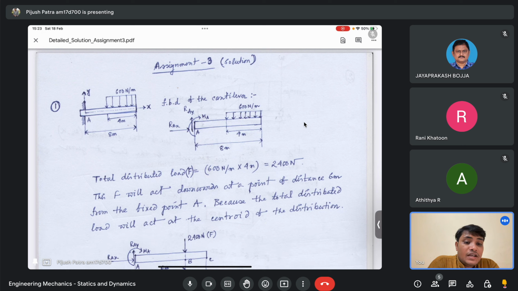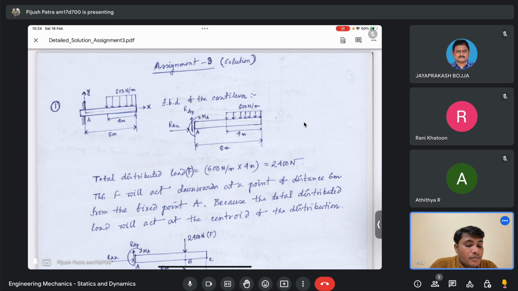So you are able to understand the way in which I am solving, that is important, because the numbers and all these things anyway you will be able to calculate, but you just apply the force balance equation and the moment balance equation, you will be able to do the problem.